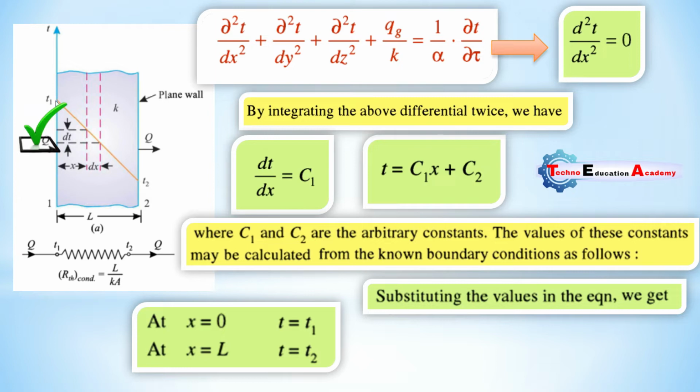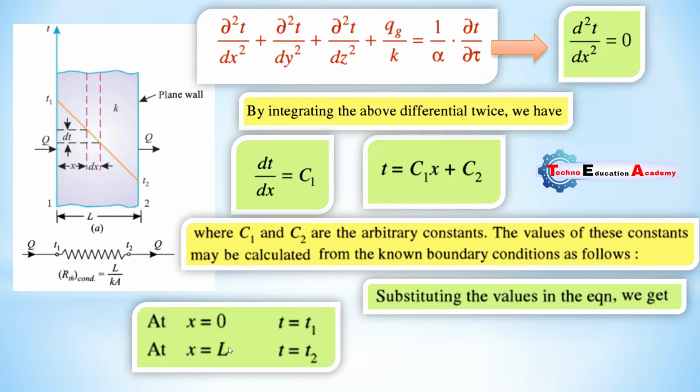At that time temperature is T1. So T equal to T1 at x equal to 0, and at x equal to L, the temperature is T2 at point 2. So at x equal to L, temperature T equal to T2. So these are our boundary conditions.